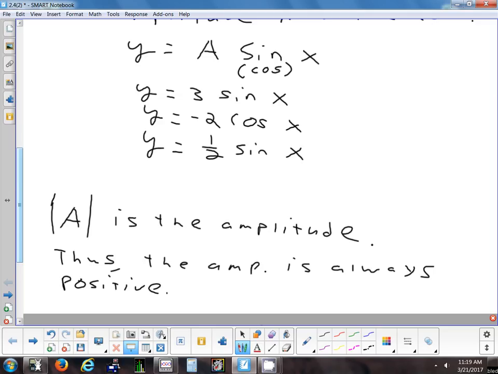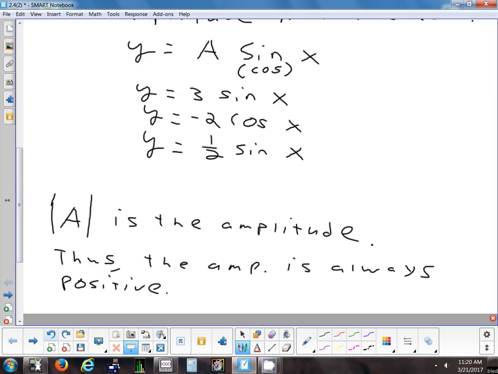The reason we have to take the absolute value is because amplitude is the height, and height can't be negative. So putting a negative in has no effect on the amplitude. If I asked you for the amplitude of this second problem, or for the amplitude of that one, it would be the same answer.